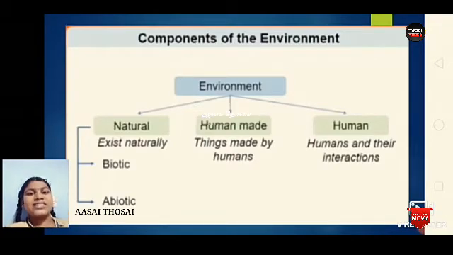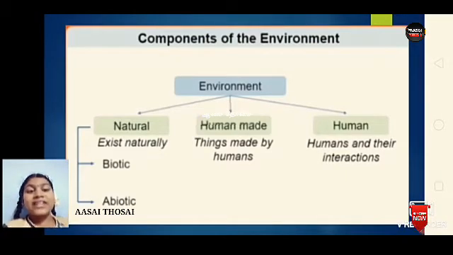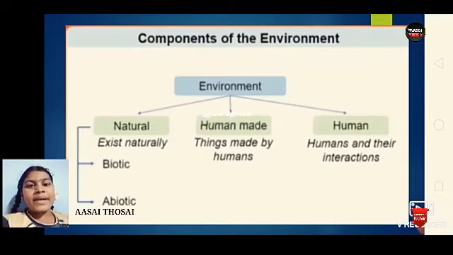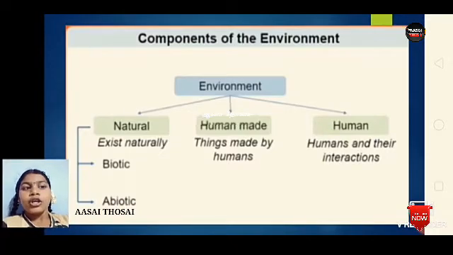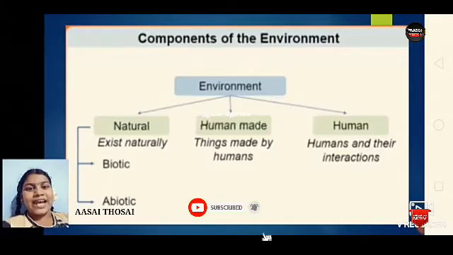Human-made environment is easy to know. Things made by humans, for example chair, pen, pencil. Then the human environment is humans and their interactions, for example economics, religions and political life.